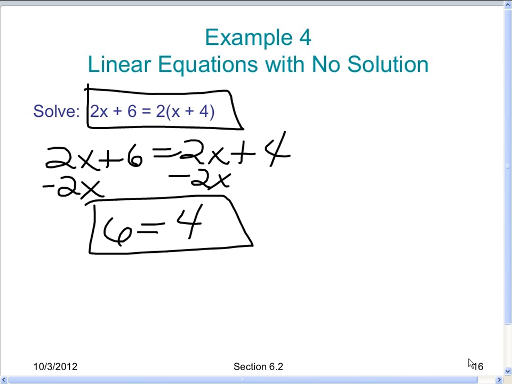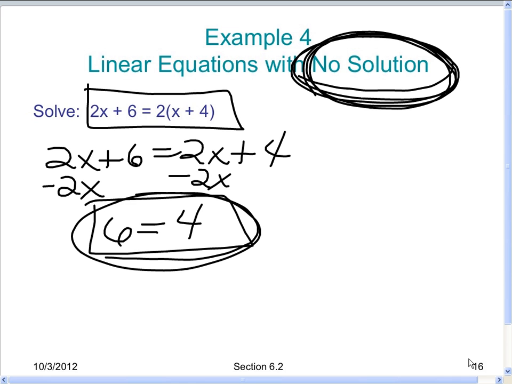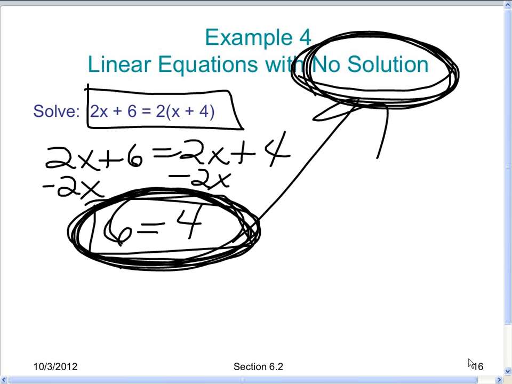When my x's disappear, when my x's cancel out, no more x's, the answer is no solution. Now be careful here when I say no solution because we have two numbers that are not, in fact, equal to each other. Is 6 equal to 4? No. These are not equal to each other, therefore there's no solution.